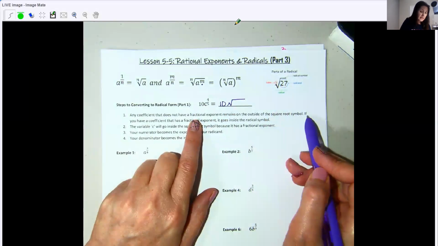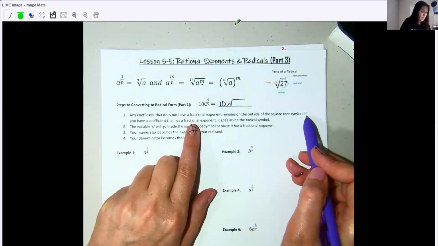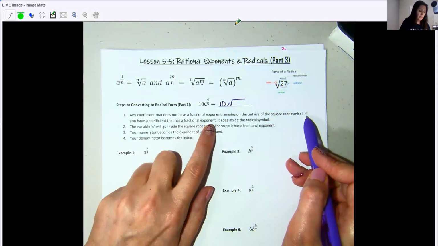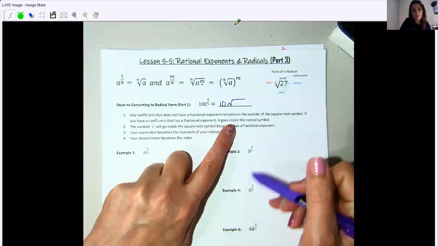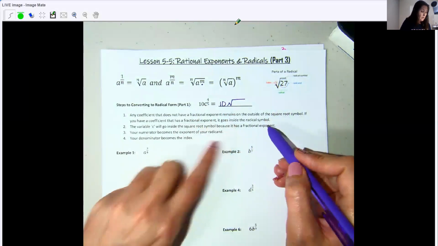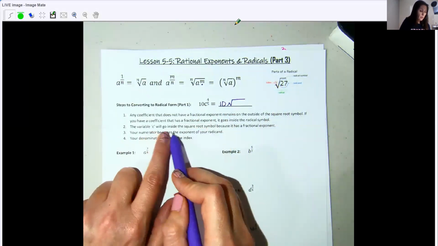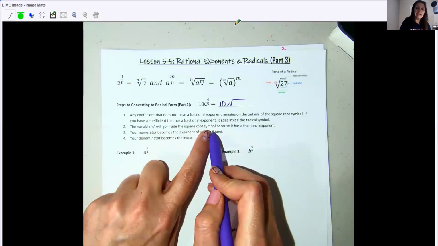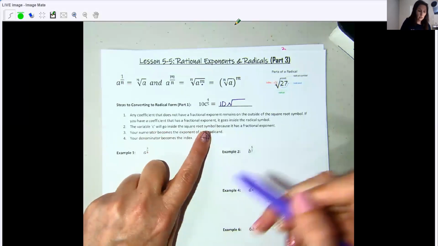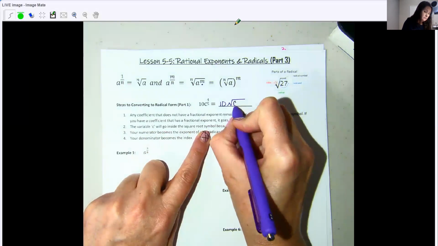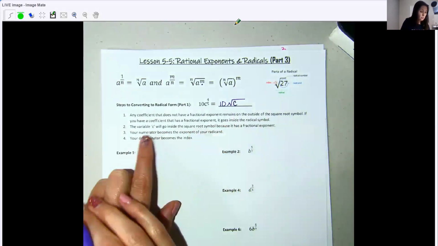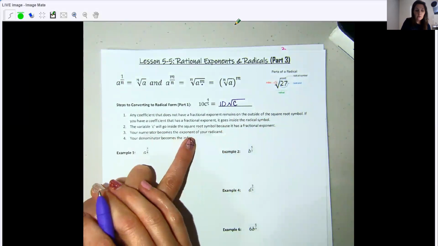Then the next part of step 1 says, if you have a coefficient that has a fractional exponent, it goes inside the radical symbol. And you'll see an example of that in a little bit. The variable c will go inside the square root symbol because it has a fractional exponent. So I'm going to put my c on the inside, okay? Your numerator becomes the exponent of your radicand.